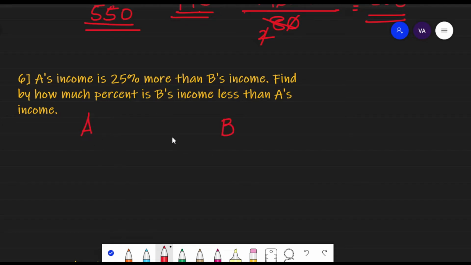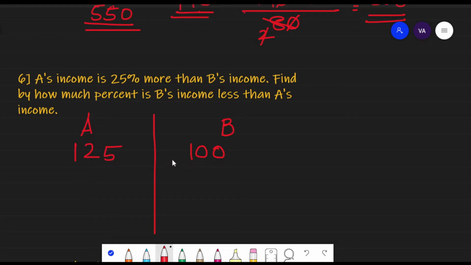Let's do two parts here, A and B. So A's income is 25% more than B's income. That means if B's income is, say, 100 rupees, then A's income is 25% more. So per 100 it is 25 more. That means 125. A's income will be 125.